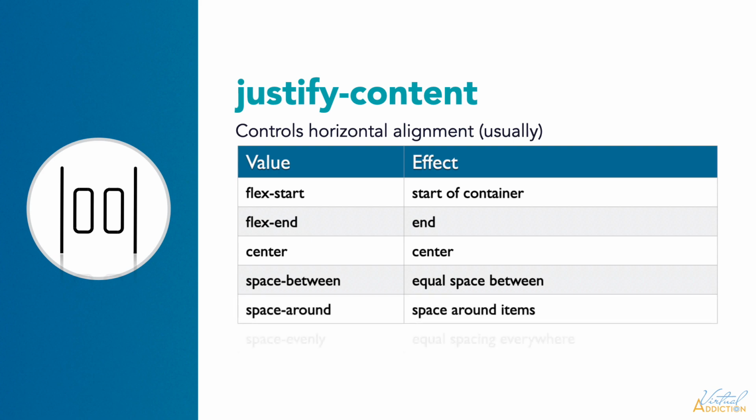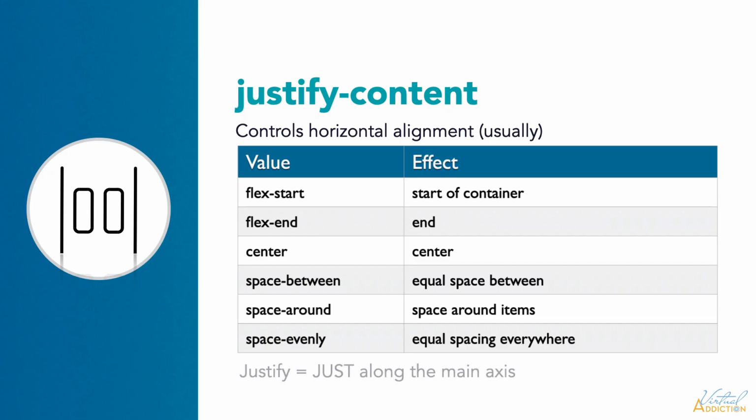Flex end will push all those elements to the end of the container. Center centers them, and then we have some other options: space between, which creates equal space between; space around, which creates space around items; and space evenly, where there's equal spacing everywhere. This will justify just along the main axis.